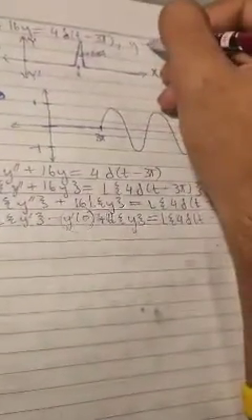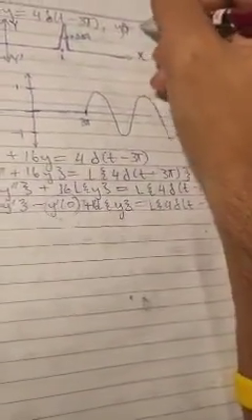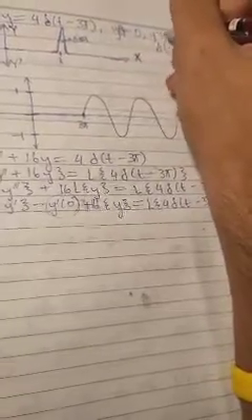And we already know that y of 0 is 0, y dash 0 is 0. That's what's been given to us to use.